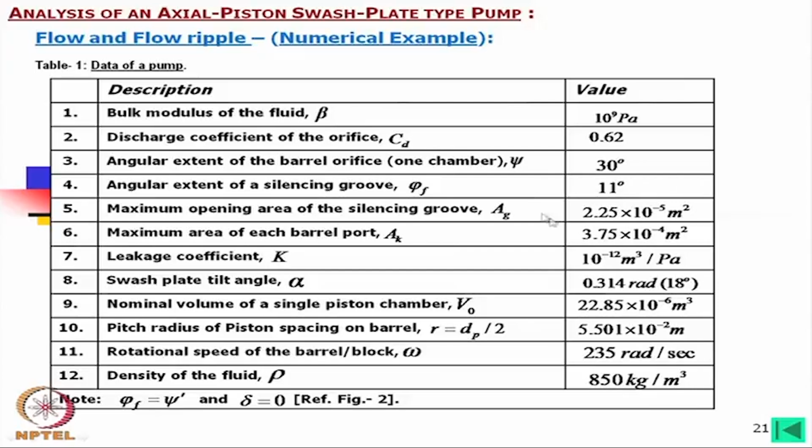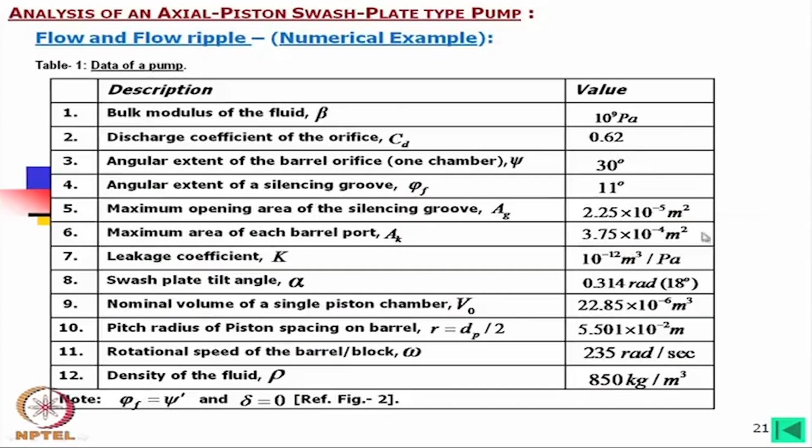After that, from 2.25 to 3.75, this area will increase, and then when this kidney port of the barrel will come on the kidney port of the valve plate, then fully, the maximum opening will be 3.75 into 10 to the power minus 4, and this will continue up to the end. Of course, at the ending there is no groove, but that will also gradually decrease. The kidney port will gradually move from the main manifold groove.